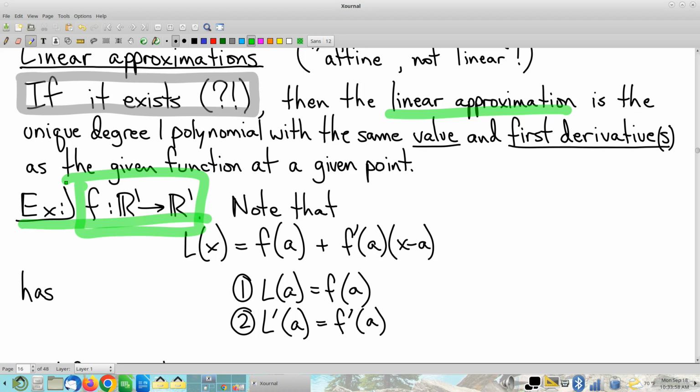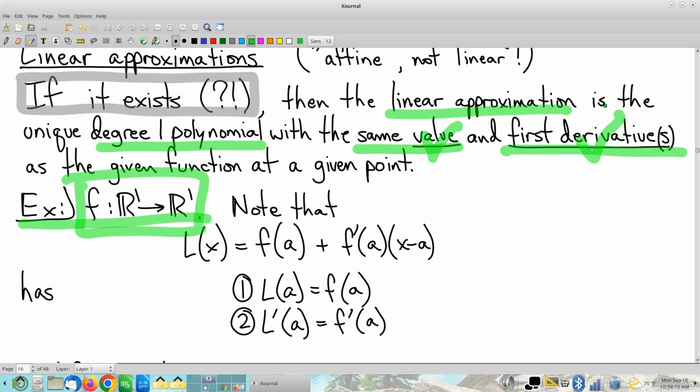My favorite point of view on linear approximations is that it's a degree 1 polynomial that agrees with the function that you're approximating in value and derivative.